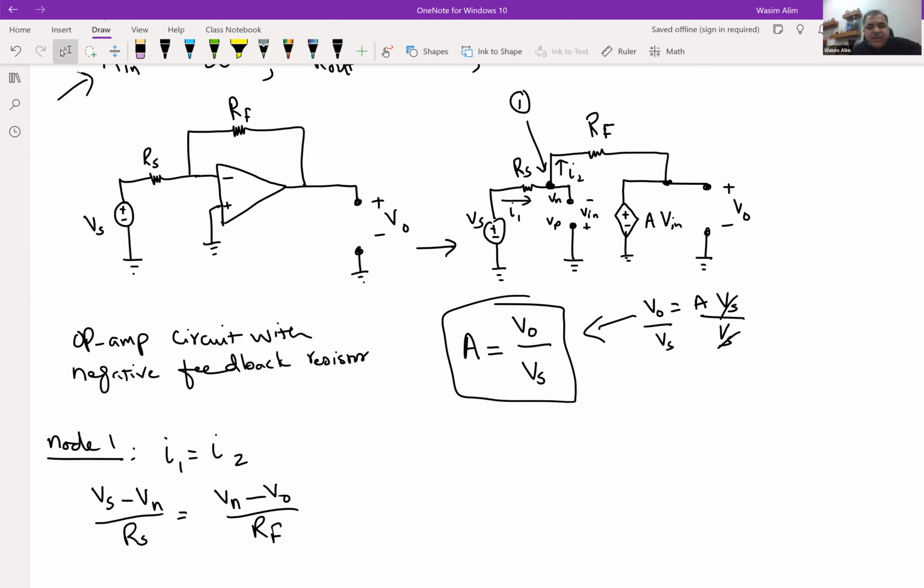Now I need to simplify this further. Just give me a moment. My cursor has disappeared. Let me get it back.